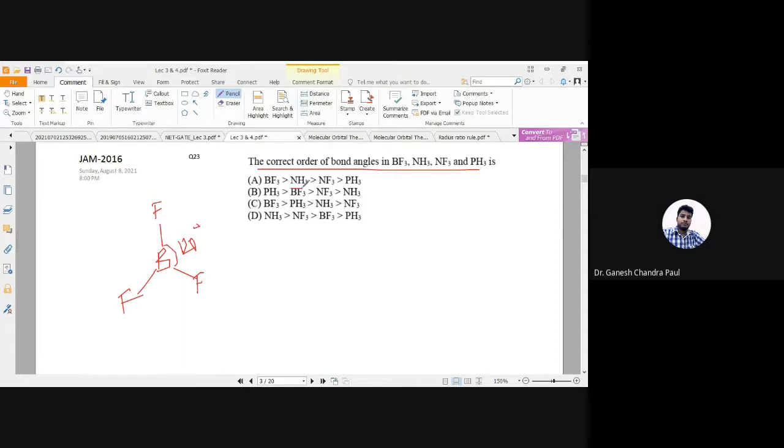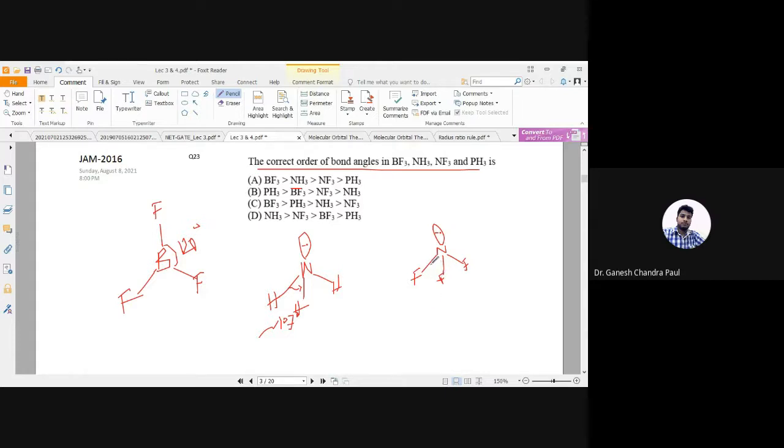In the case of ammonia, one lone pair is present, and the hydrogen, nitrogen, hydrogen bond angle is around 107 degrees. In the case of NF3, the structure is similar to ammonia, but the fluorine is more electronegative, so it has the tendency to attract the bonding electron pair towards itself.